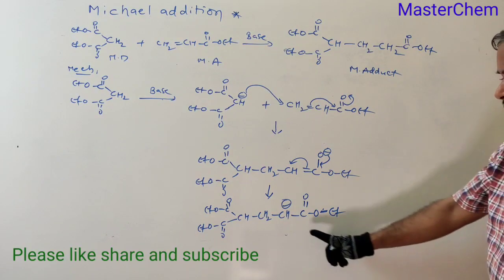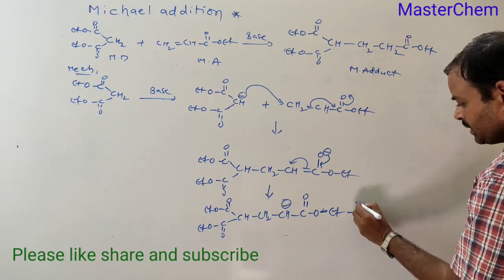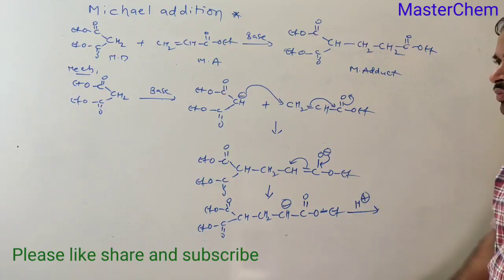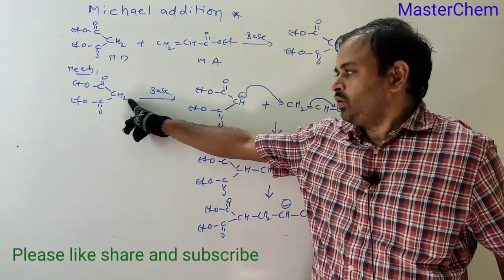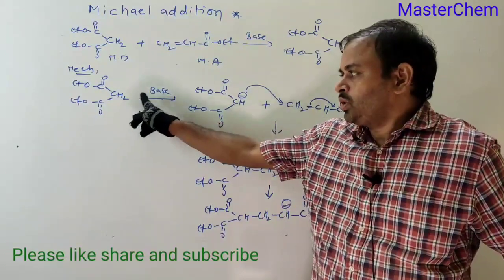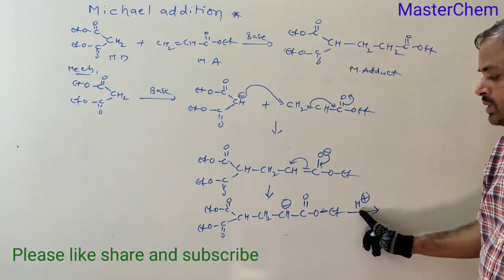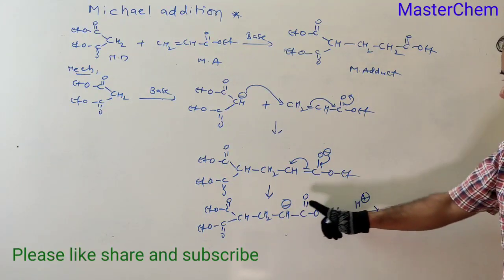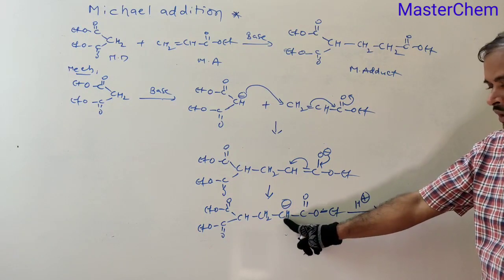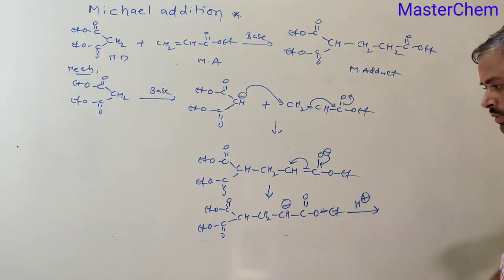So this CH minus abstracts proton from the earlier step. It is a proton donor, so now this proton is with the base. The base releases the proton, H plus.